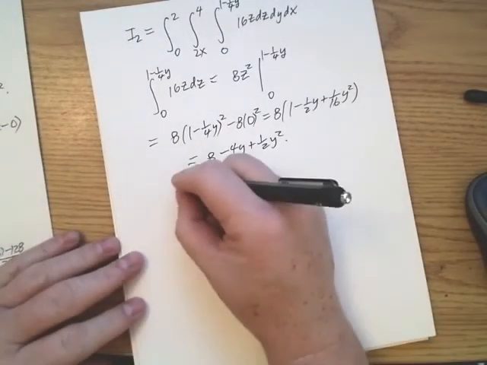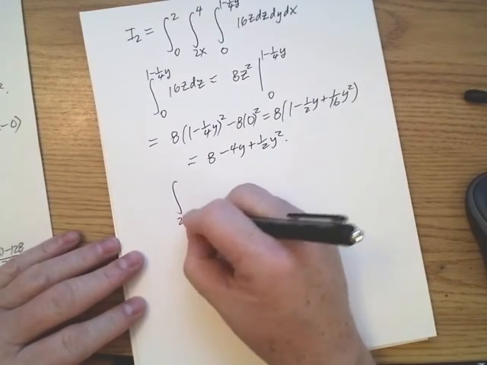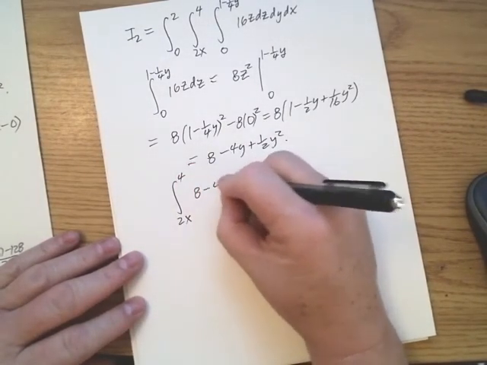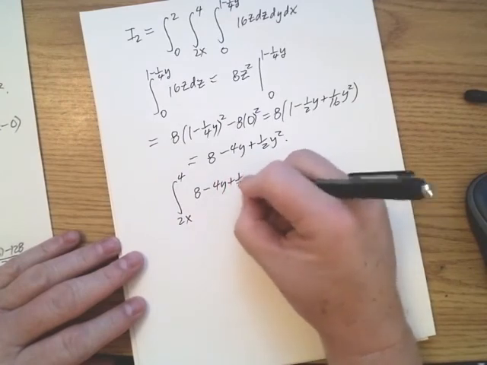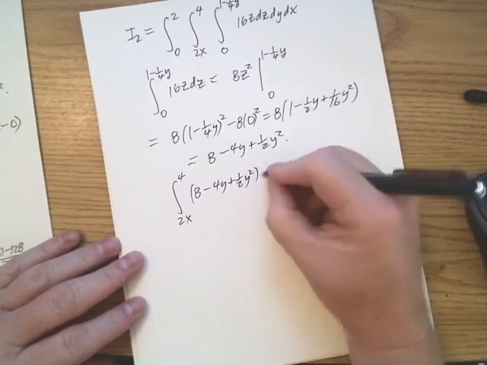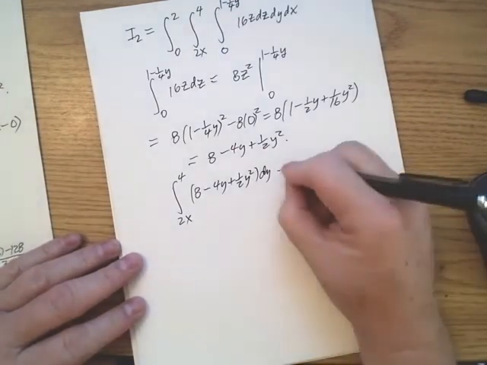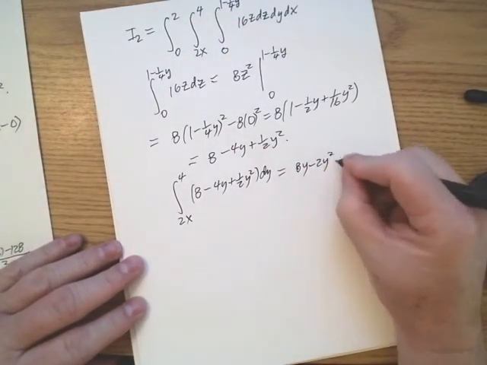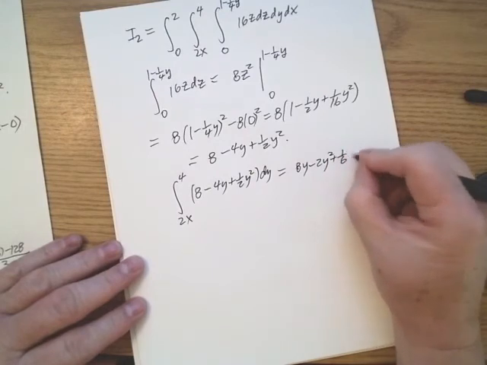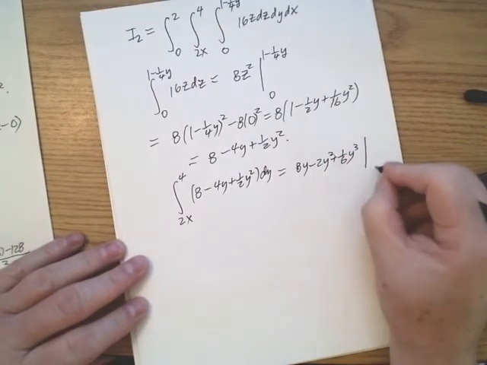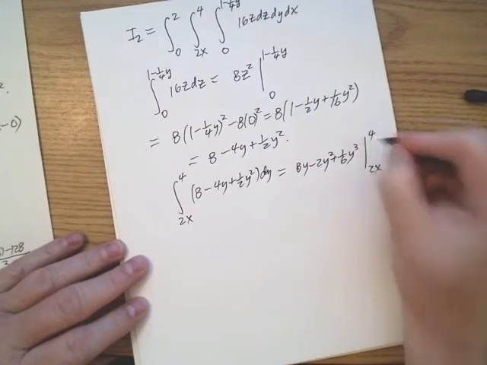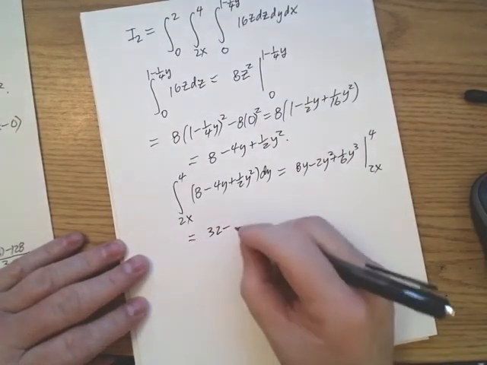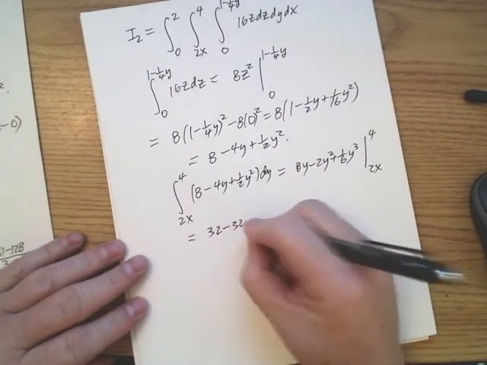And then we need to integrate that from what? Y goes from 2x to 4. So this would be 8 minus 4y plus 1/2 y squared dy, which would be 8y minus 2y squared plus 1/6 y cubed, going from 2x to 4. 4 times 8 is 32. 4 squared is 16, so that gives me 32 again.